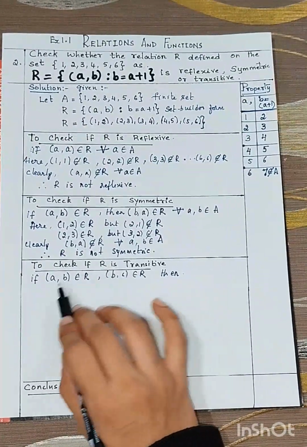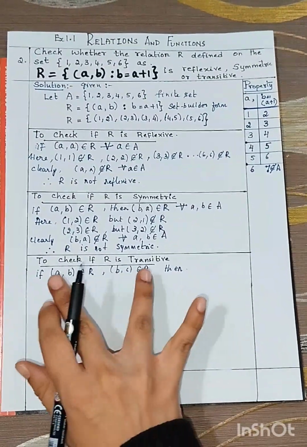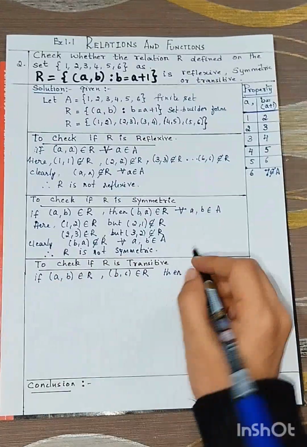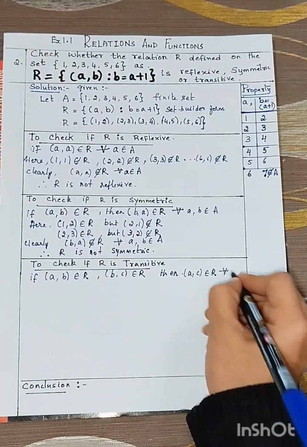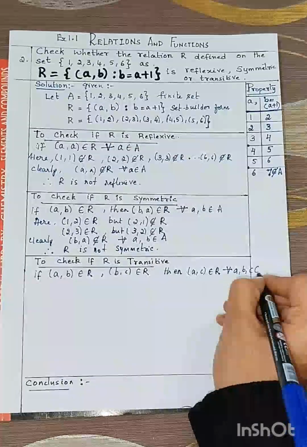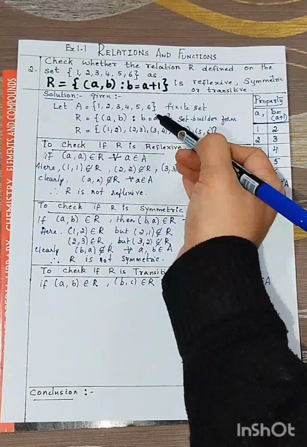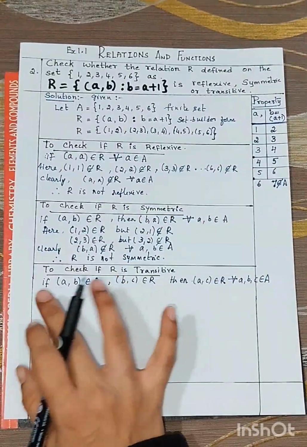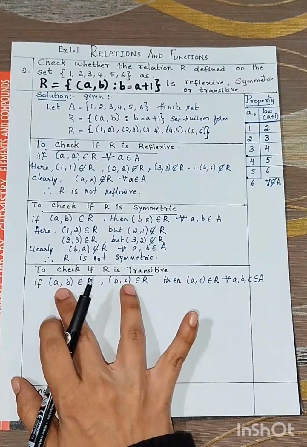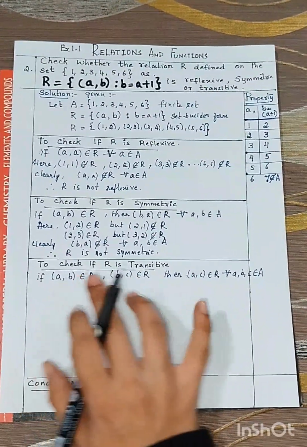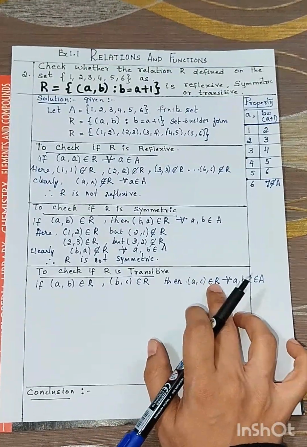So b and b must be same. What we have to prove here is, then (a, c) belongs to R for all the three elements a, b, c belonging to the main set A. So if we find the ordered pairs in this format, we have to check whether (a, c) also belongs to R.